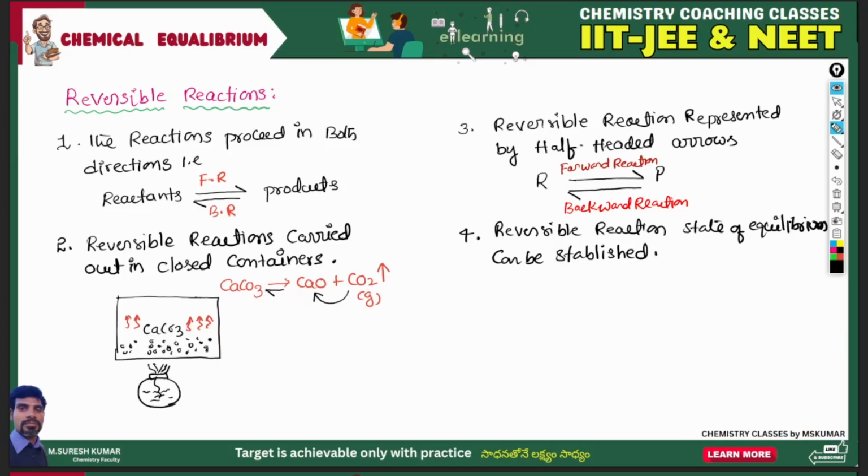Here, what is meant by equilibrium? Equilibrium means both forward and backward reactions take place with equal speeds.